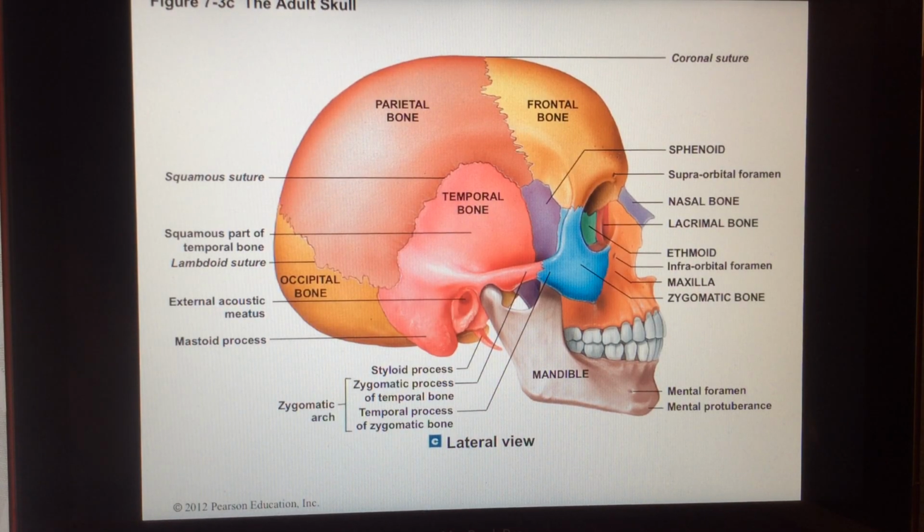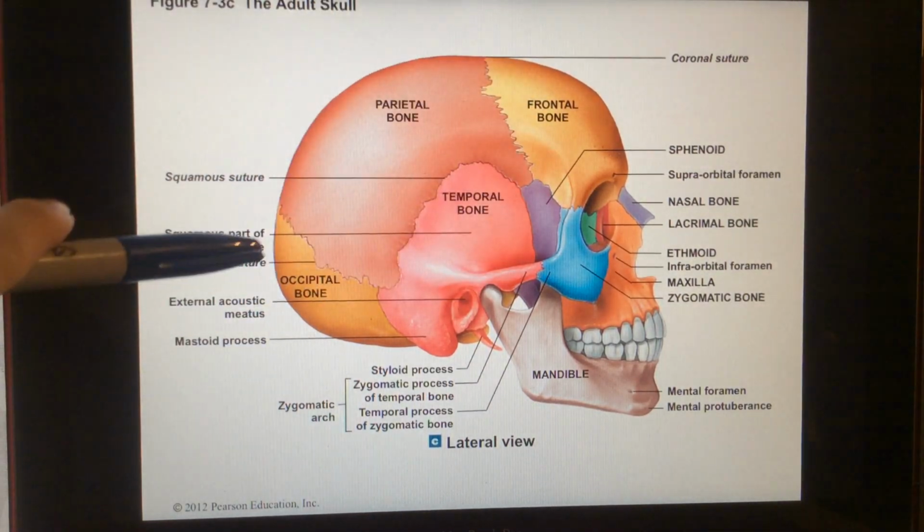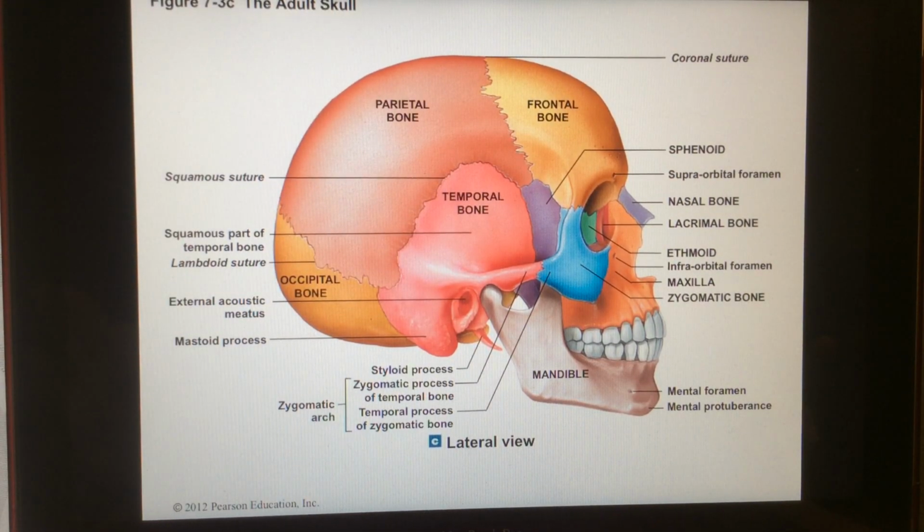So this lateral view, I think, is the best view to see the whole picture. 8 cranial bones, and again, these will make up your calvarium. Basically, the occipital, parietal, and frontal bones.